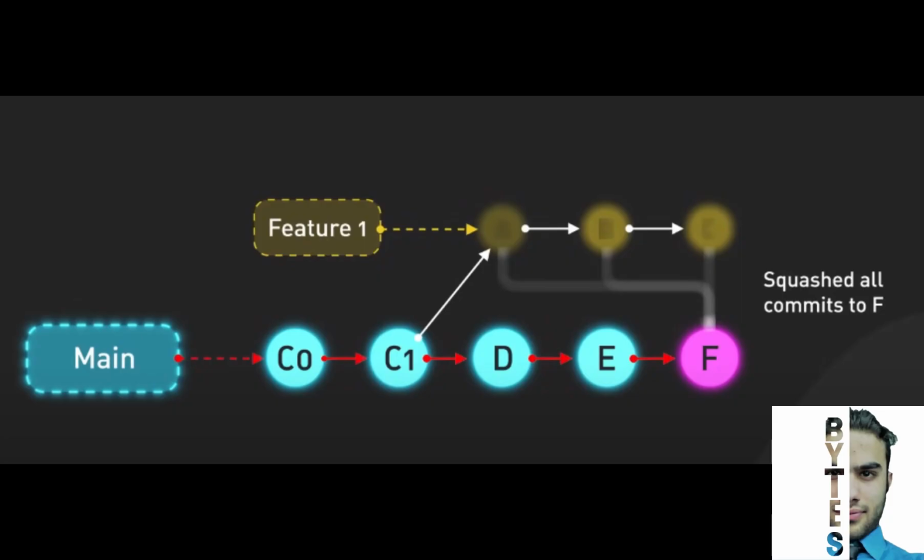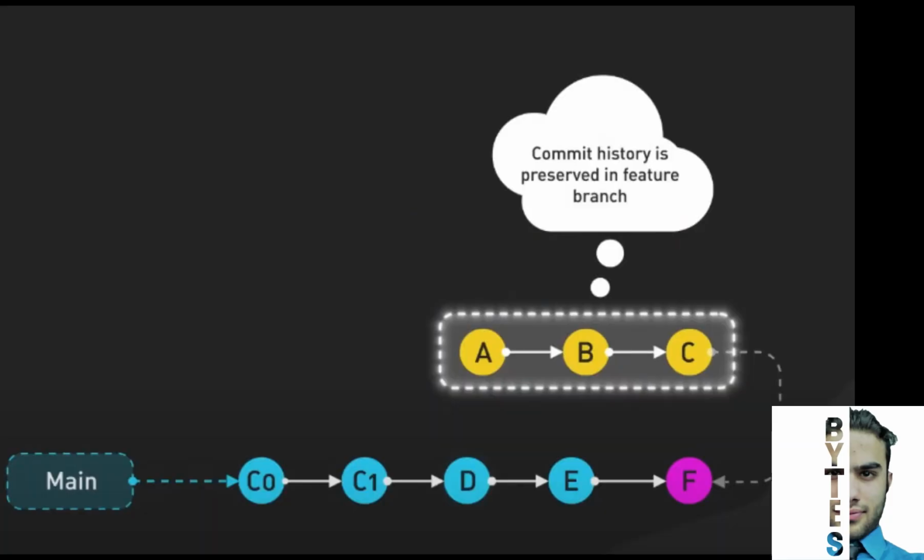Pros: one clean commit. Cons: lose individual commit details. It's like summarizing five sticky notes into one final typed paragraph before turning it in. Now, from top, you see feature commits A and B, C being squashed into F that merges into main.